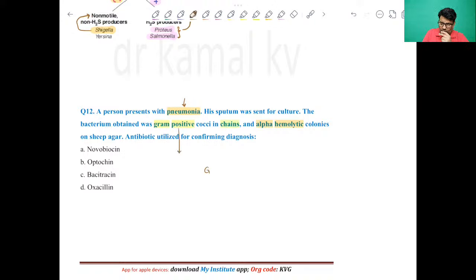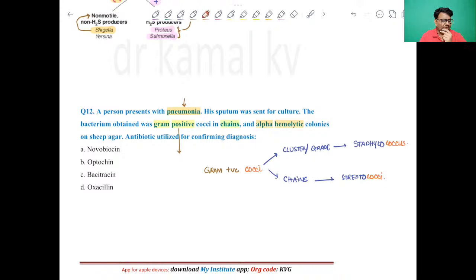When we talk about gram positive cocci, if it is in clusters like a grape, you can think of Staphylococcus. And if it is in chains, you will think of streptococci. This is simply based on their appearance.